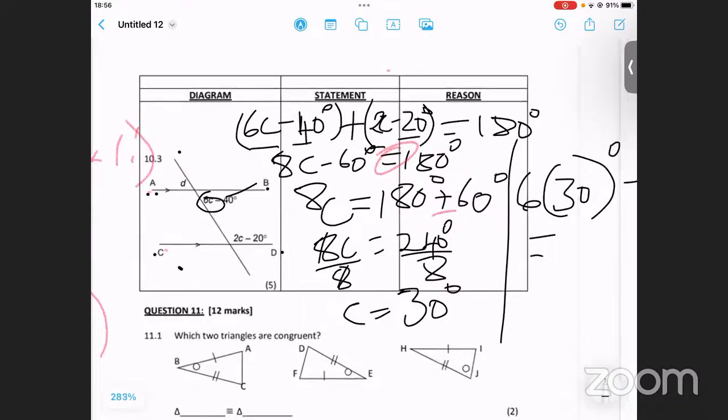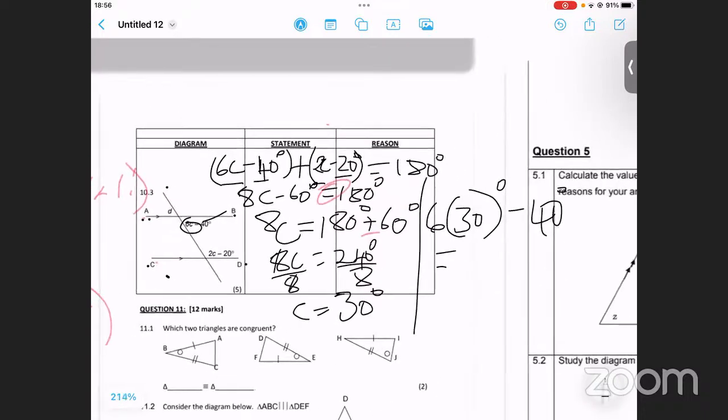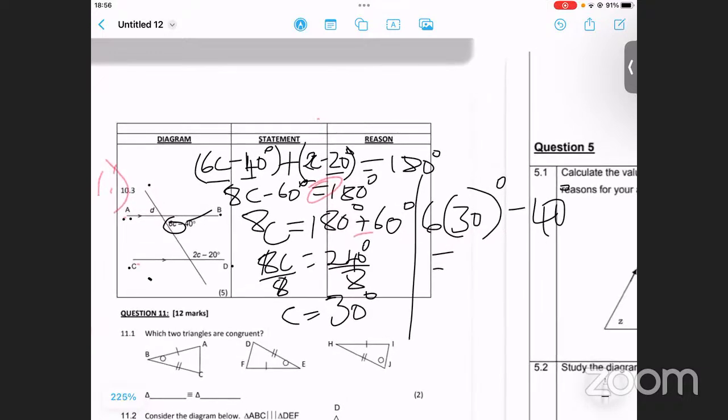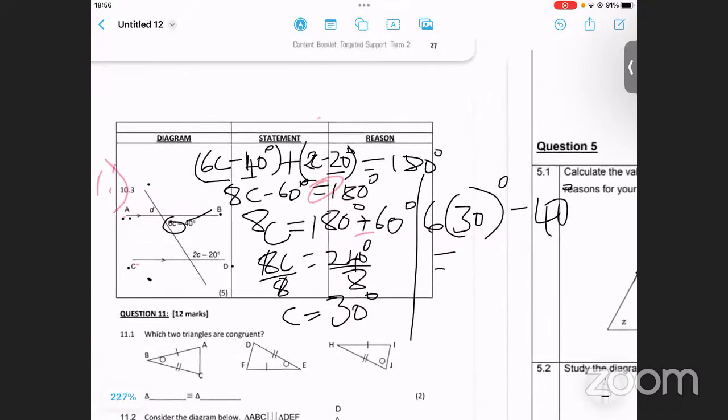108 degrees. 180. 6 into 30. Sorry, ma'am, can you please repeat the equation? I said, what is 6 into 30 minus 40? 6 times 30 minus 40.